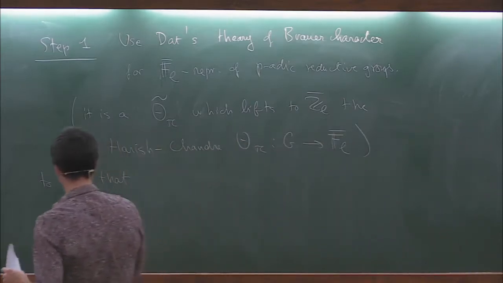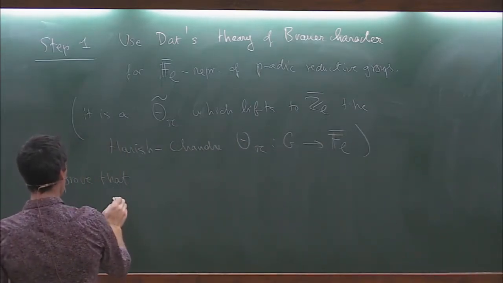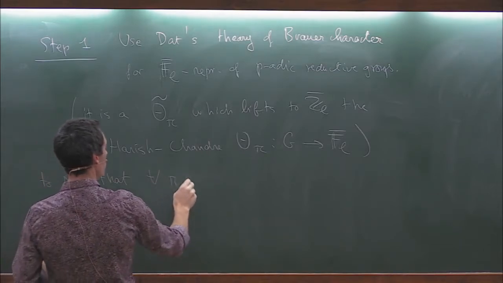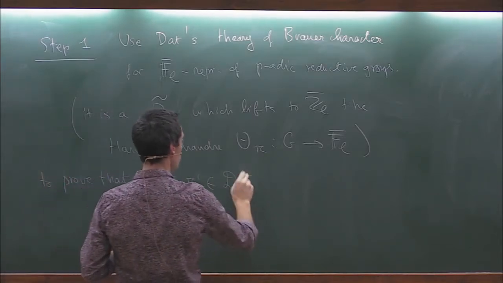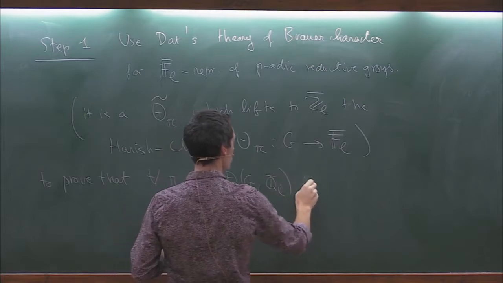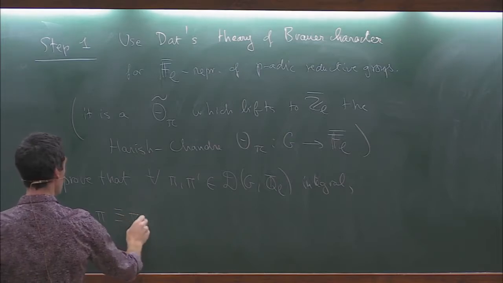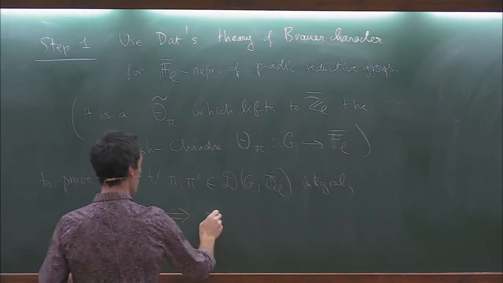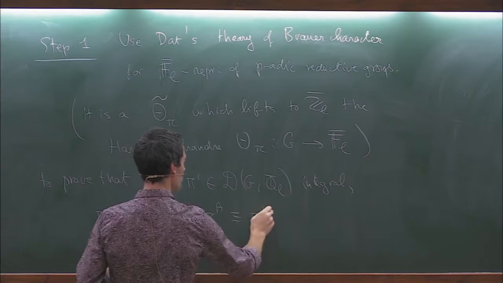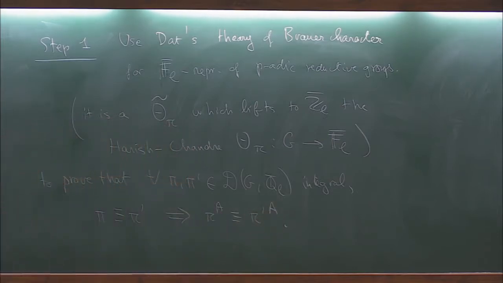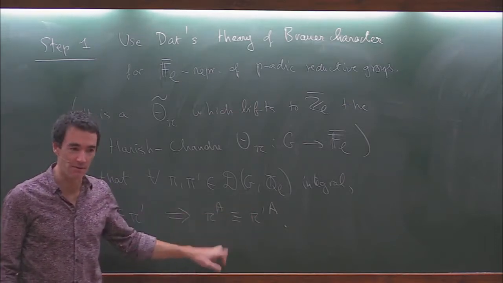To prove that for all pi prime in D(G, Q_l bar) integral, pi congruent to pi prime implies pi^A congruent to pi prime^A. So it is one of the two implications that we want to prove, when we go from G to A.